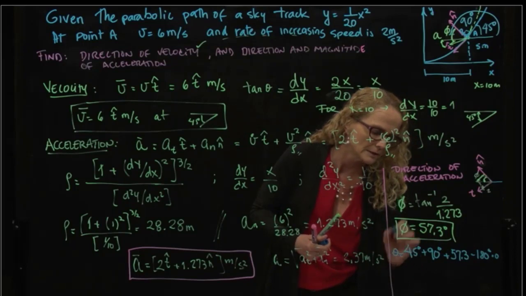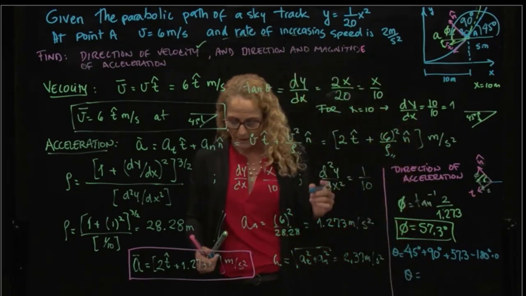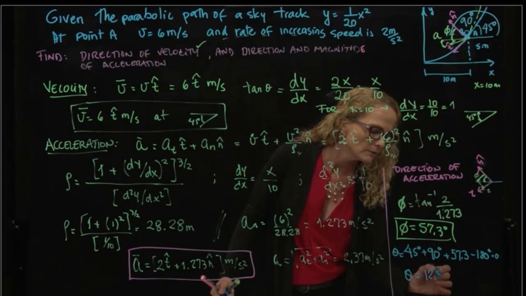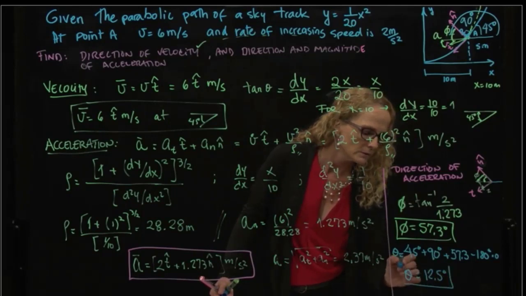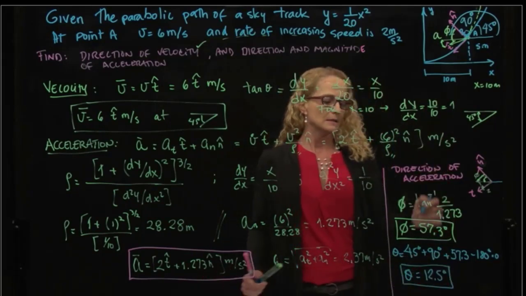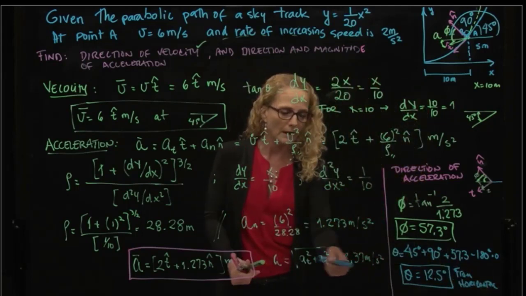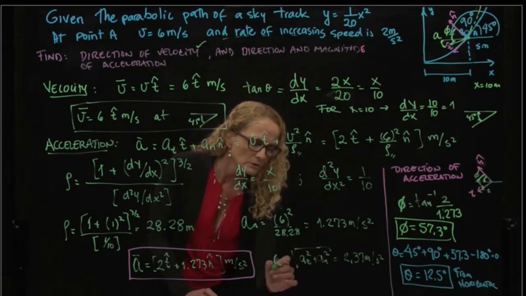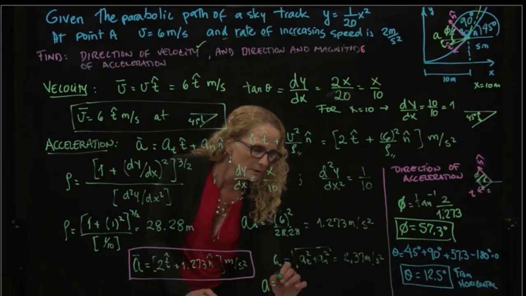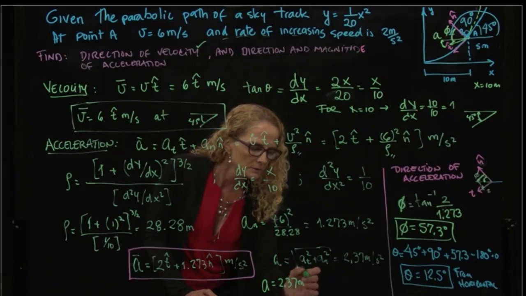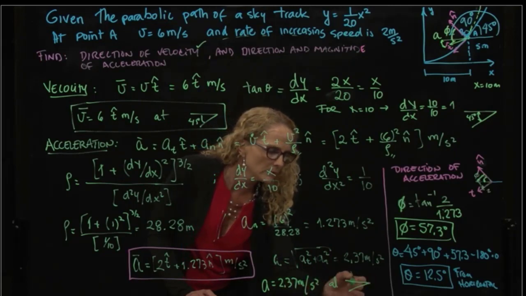Let's call that angle theta. And theta gives me an angle of 12.5 degrees from the horizontal. So at the end, I have the acceleration with a magnitude of 2.37 meters per second squared at an angle of 12.5 degrees.